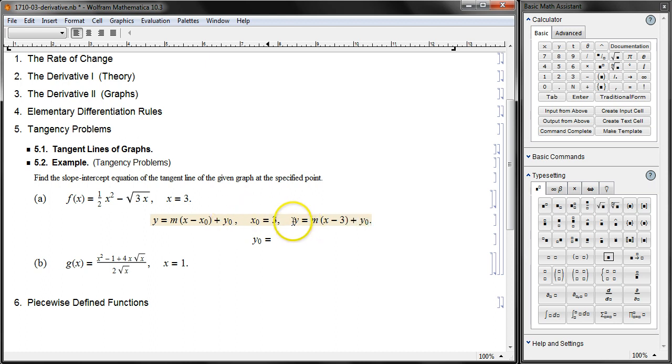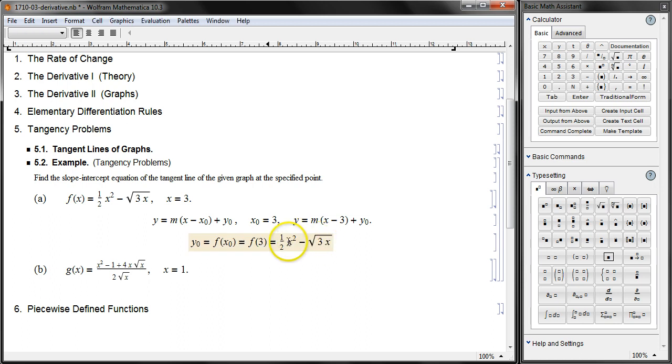So this is going to be the final form that you're looking for. Okay, first let's find y0. Here's my function. I'm plugging in x equals 3.